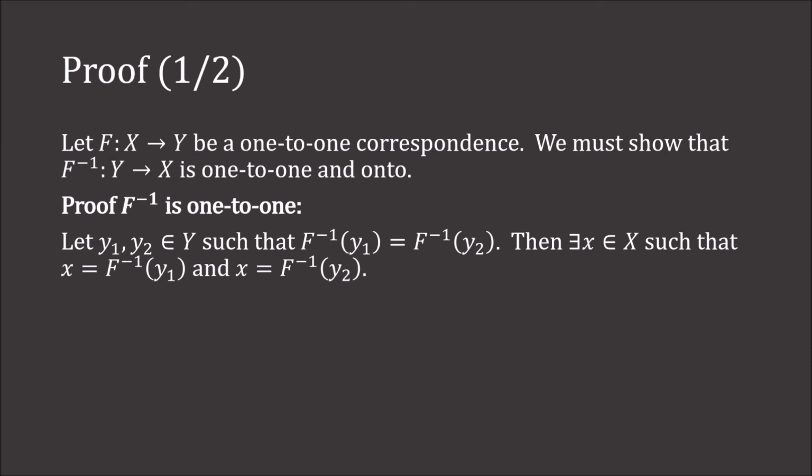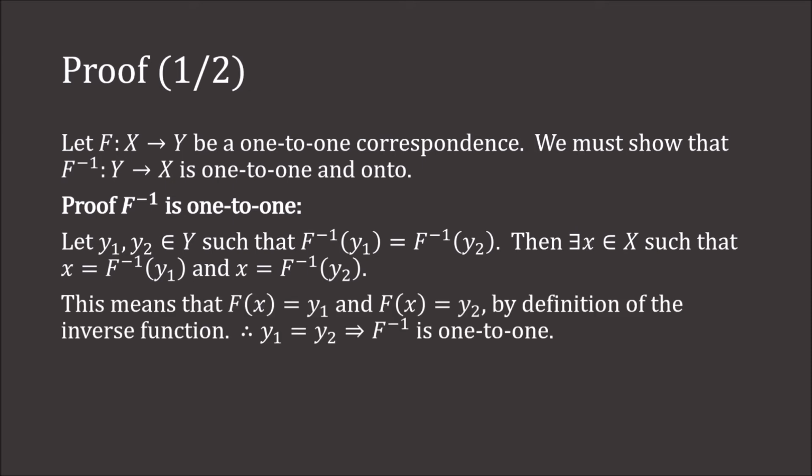This is, by definition, the inverse. But this means that f of x is y1 and f of x is y2 by definition of the inverse. And so y1 is equal to y2, which means that f inverse is one-to-one. Now the proof that it's onto.